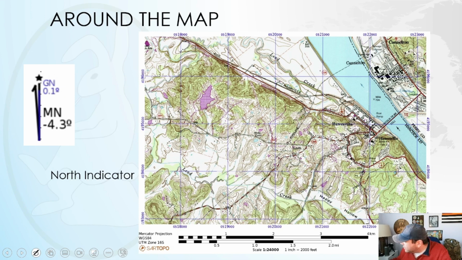Magnetic north, which you see represented here on our map as MN, is the north that your compass points to. That's the magnetic North Pole, not to be confused with the geographic North Pole. Understand that where you are, you can have a wide variance between where true north is located versus the magnetic North Pole.